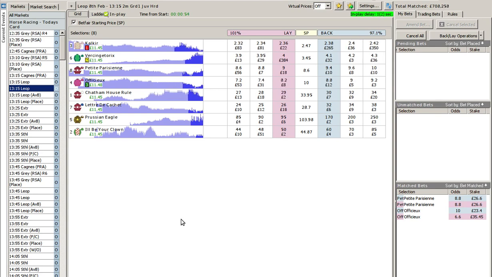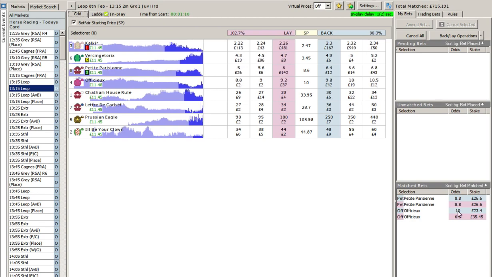Now, if you set yourself a target like I did of roughly 20% of my overall stake, so I was looking for £10 profit in that, and you can see with very little odds movement, indeed one horse traded out for scratch and the other horse had dropped to 6.6 from 10.